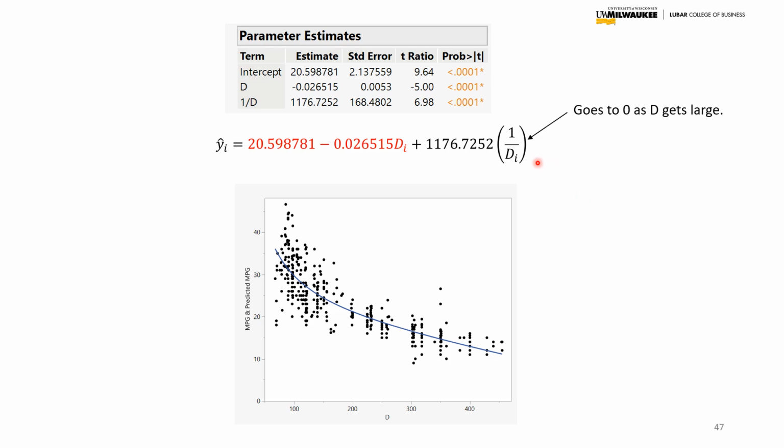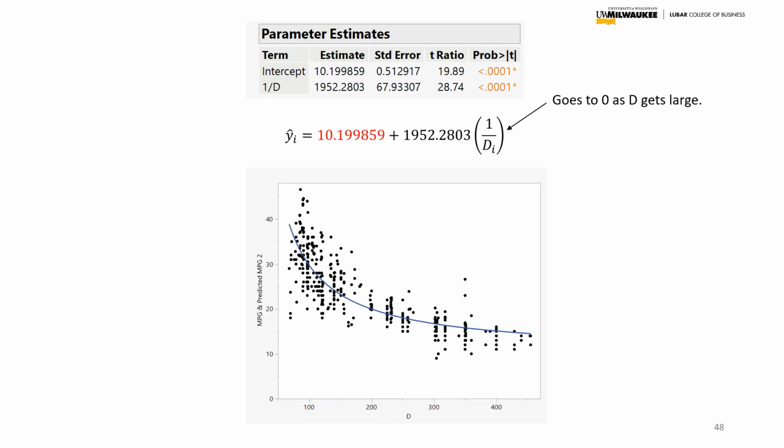It'll just wash out, and we'll be left with only a linear relationship. So the implication is, as we move to the right, the function will eventually just continually go down, dictated by basically this linear function.